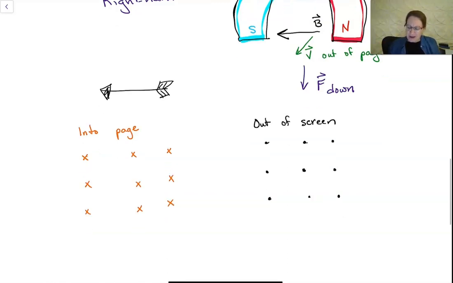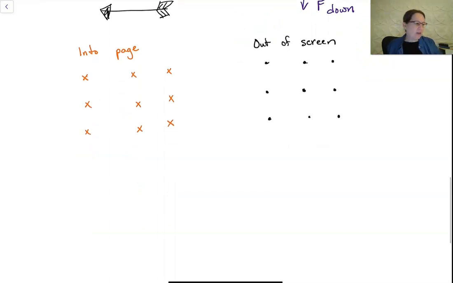So if we have that, we can look at a situation, say, of a magnetic field that is into the page, and we have a charge that's traveling along like this. Now our V is traveling to the right. That's our first finger. And then our second finger is into the page. That's a little easier to do.